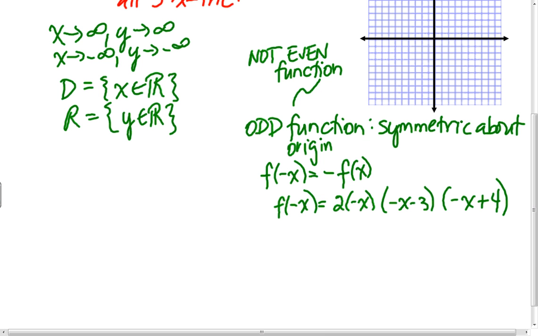Oh, let me not lie to you. Let me tidy that up a little bit. Negative 2x. That will be negative x negative 3, negative x plus 4. Let's compare that to putting a negative sign in front of the entire function and see if they are the same.